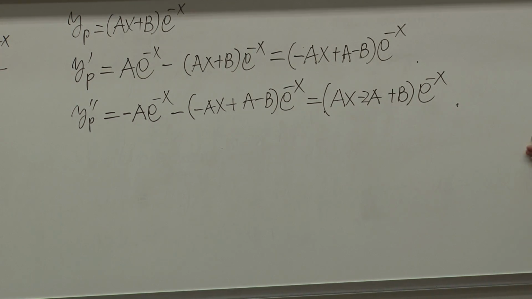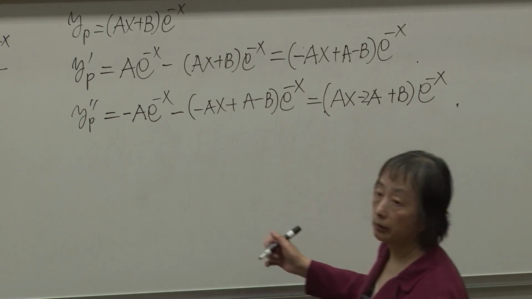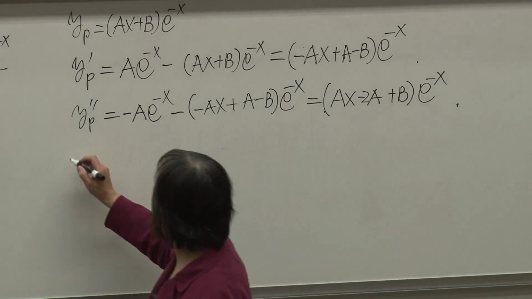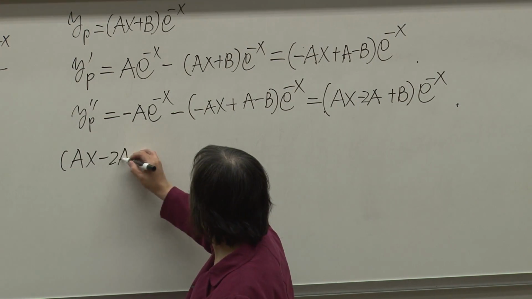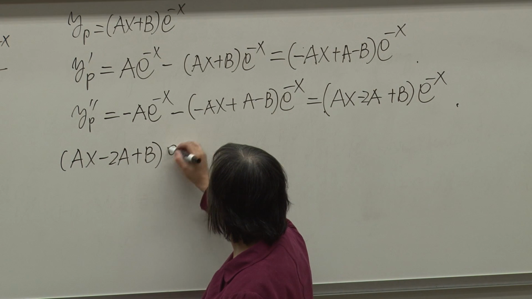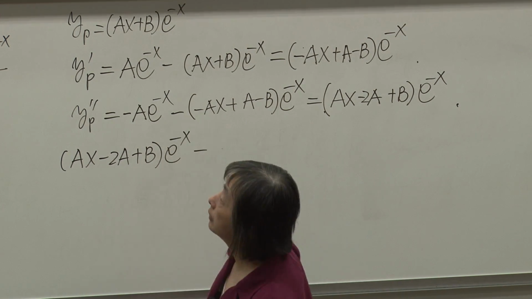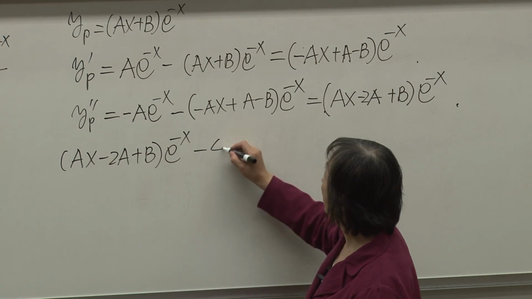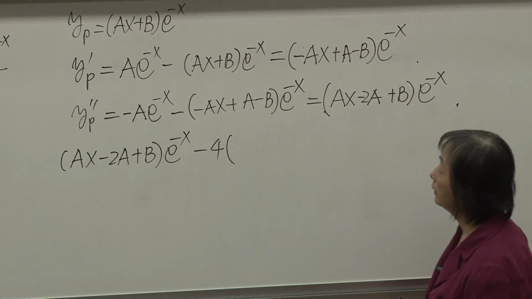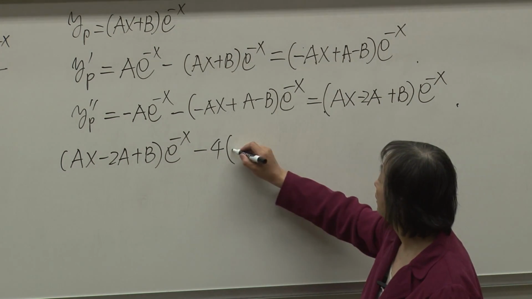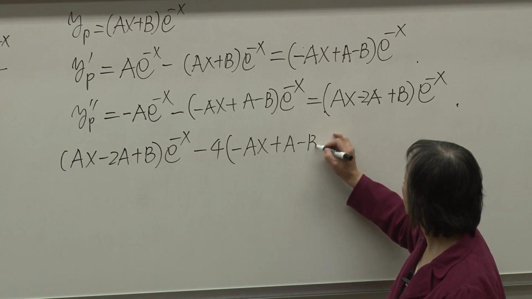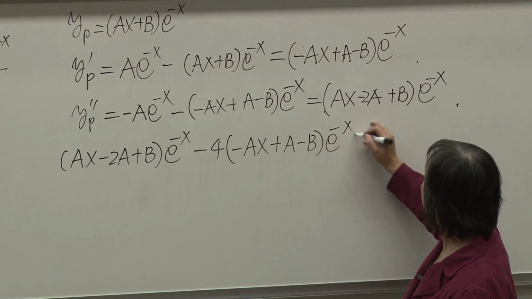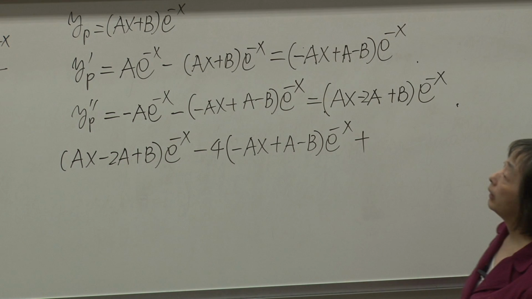Now we do substitution into the equation. So we get y double prime, which is ax minus 2a plus b times e to negative x, minus 4y prime, so minus 4 times quantity negative ax plus a minus b times e to negative x, plus 5y.